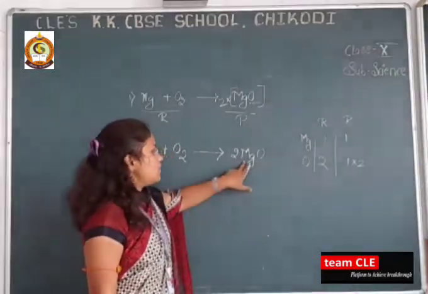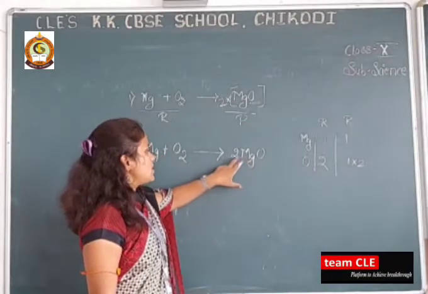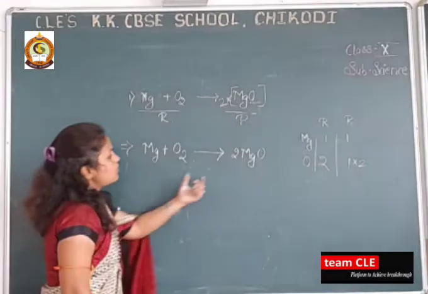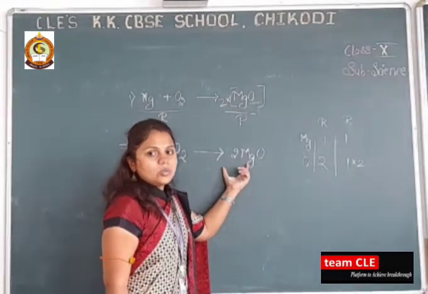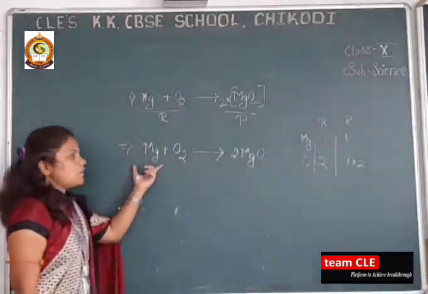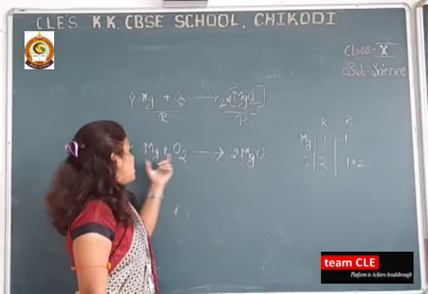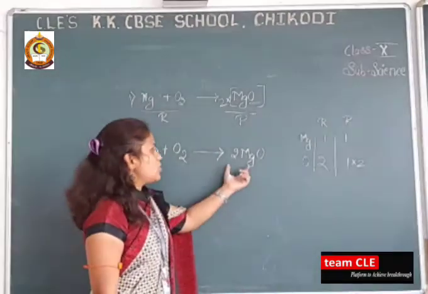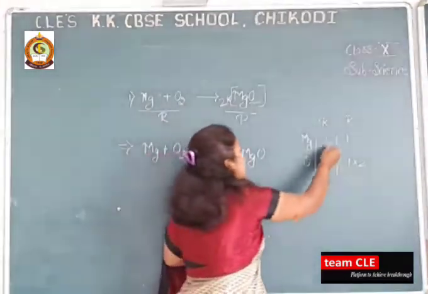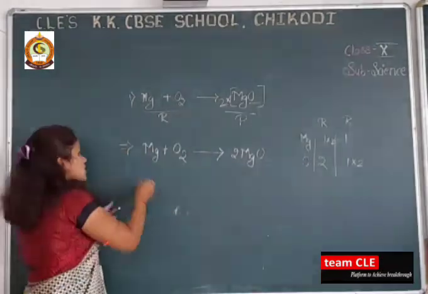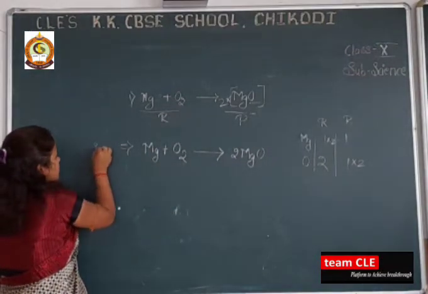In step 2, the number of magnesium will become 2. So again what we have to do? For balancing, the magnesium is alone, so there is no problem multiplying with 2. This is the second step, step 2.